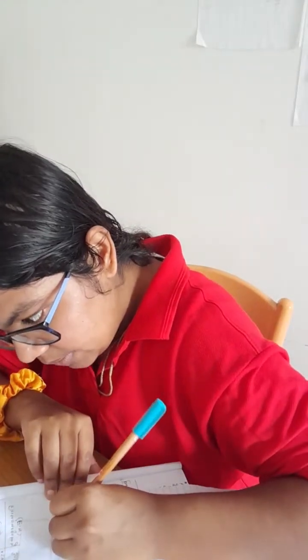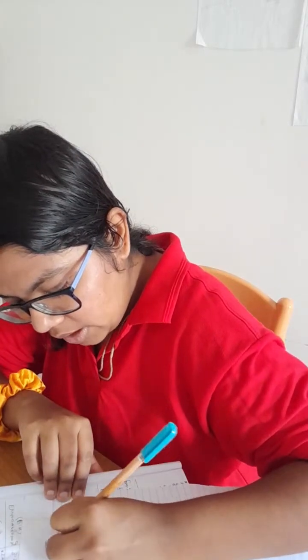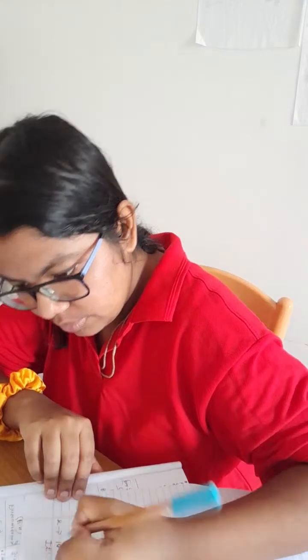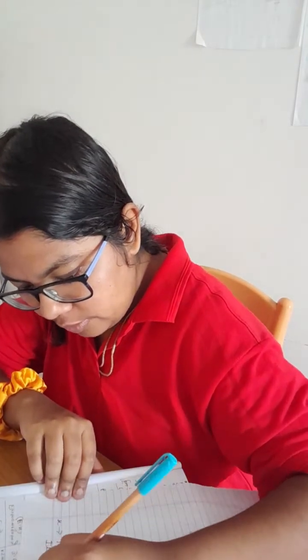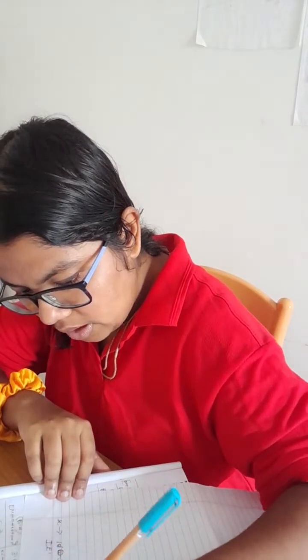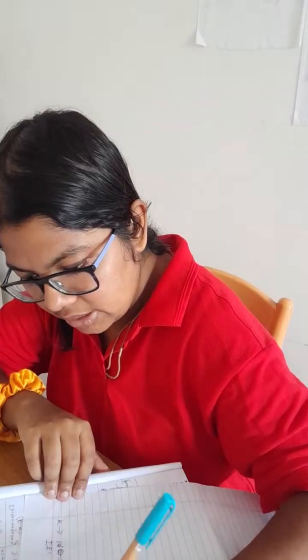For nitrogen, ionization enthalpy will be 1402. For phosphorus, it will be 1012. For arsenic, it will be 947. For Sb, it will be 834.